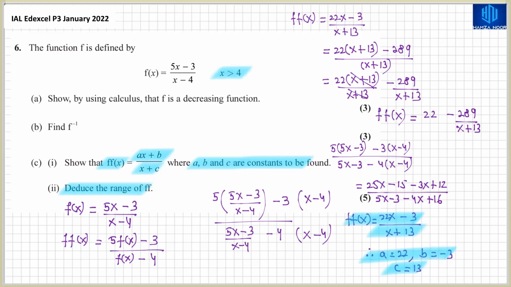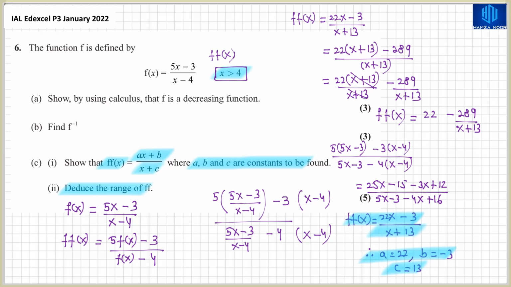This is the simple rule here: x greater than 4 will become the domain for the composed function f of f x.